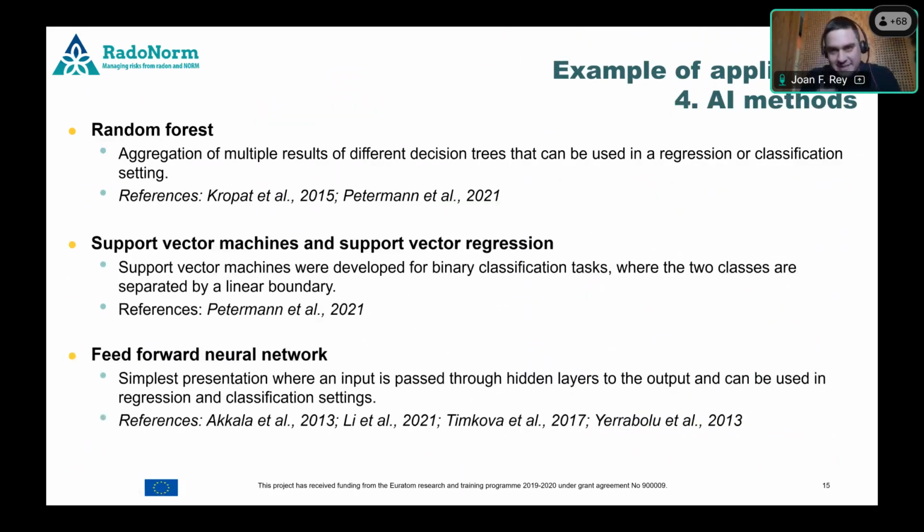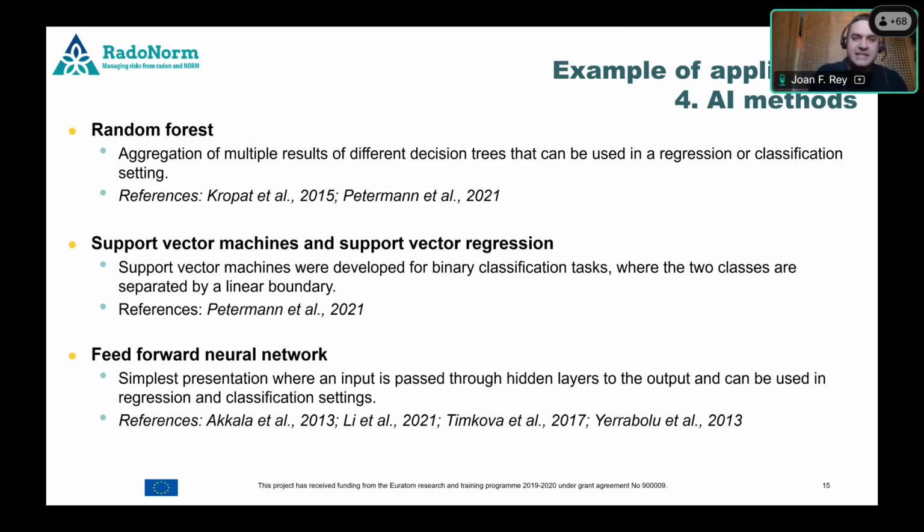Okay, and now let's speak about the last category, which is the AI methods. So in this category, we looked at the three main methods. The first one is the random forest. So here the random forest consists in an aggregation of multiple results of different decision trees.